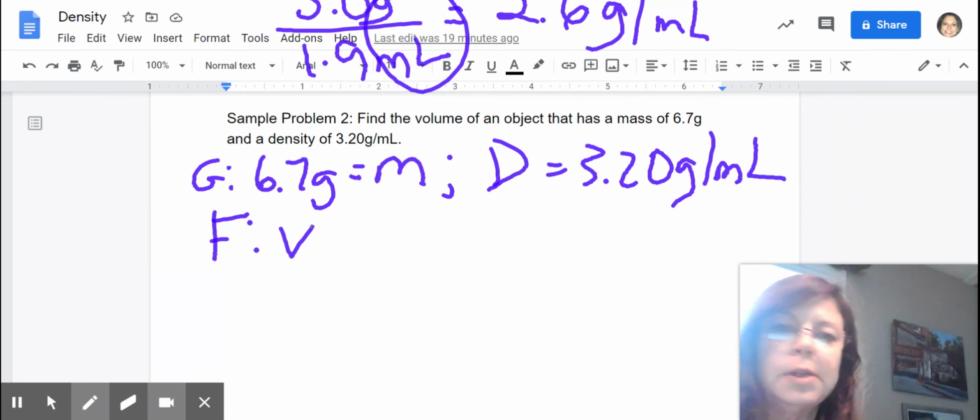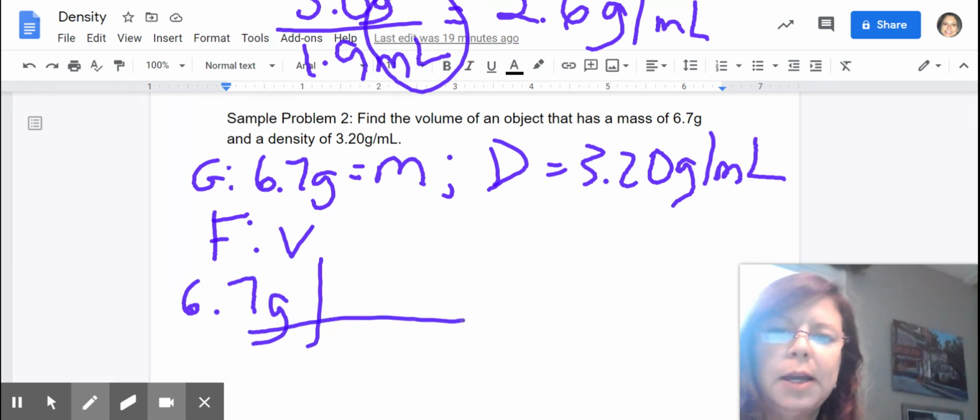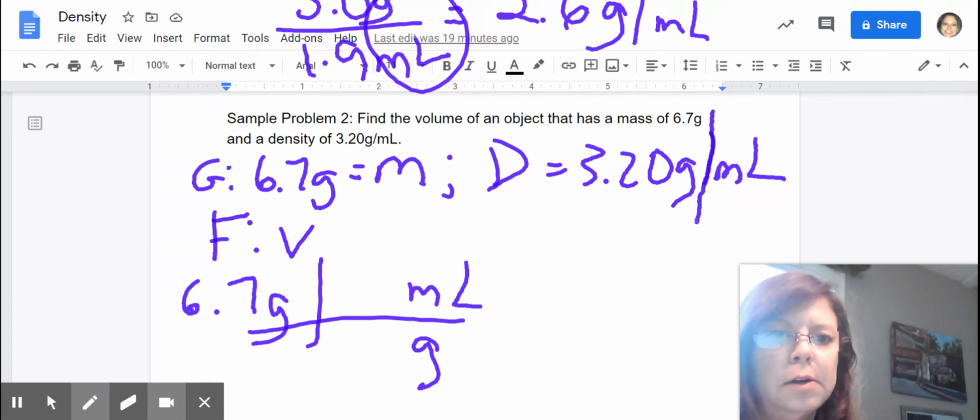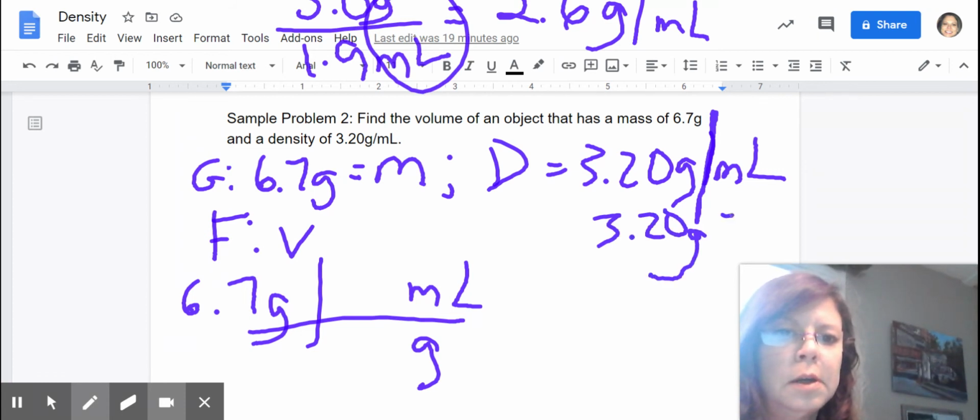I'm going to treat this like a conversion. So I'm going to start with the 6.7 grams, and I'm going to cancel out grams on the bottom and go to milliliters. So this slash right here is the fraction bar. So this tells us that there are 3.20 grams in 1 milliliter. And now we have an equality.